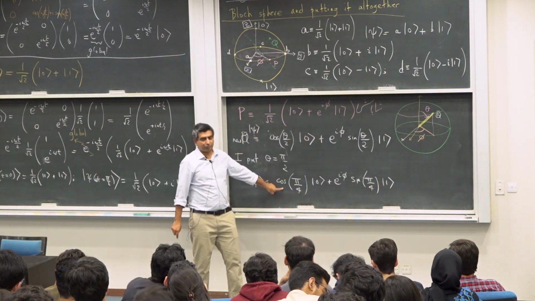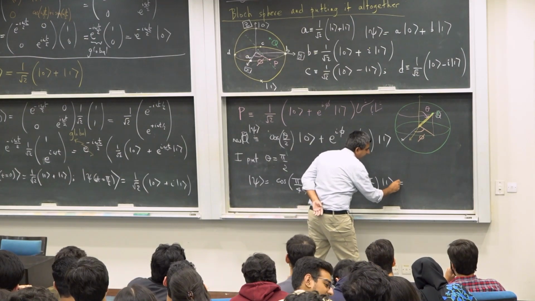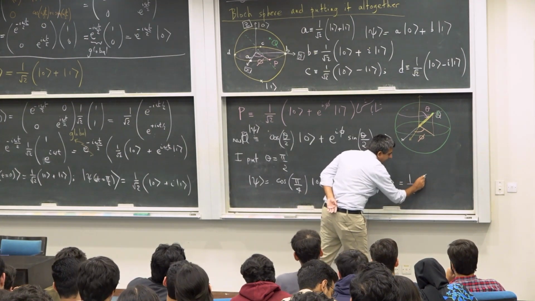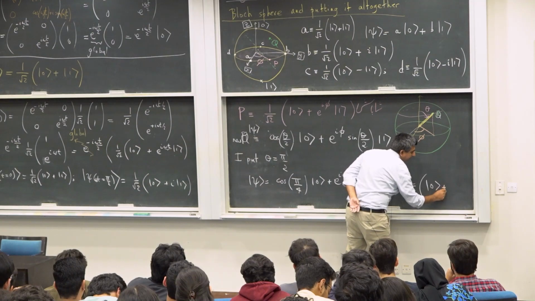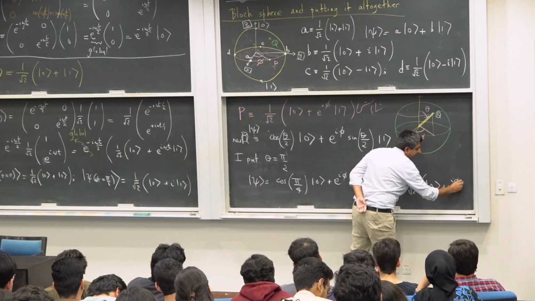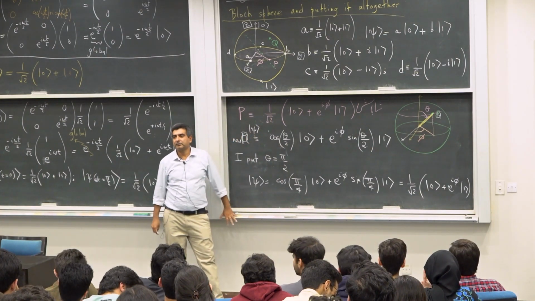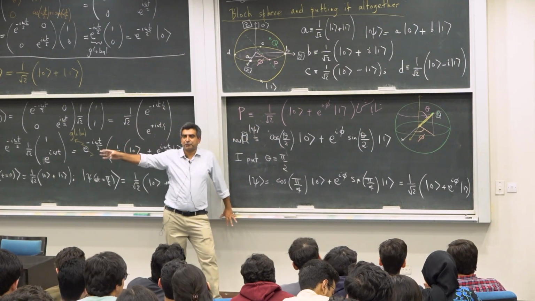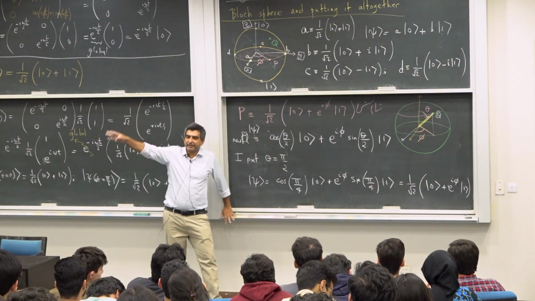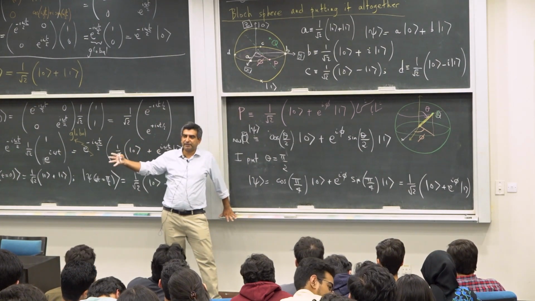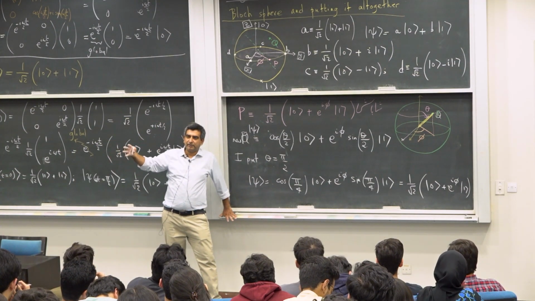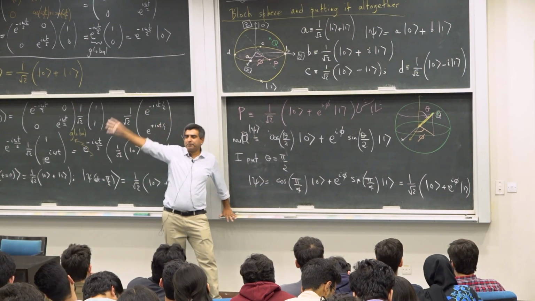Now this is 1 over under root 2 and so is this. So I get 1 over under root 2 ket 0 plus e^(i phi) ket 1. And these are the points on the equatorial plane. So it maps to all the points on the equatorial plane. It's internally consistent, this definition. So it applies to any point on the Bloch sphere.